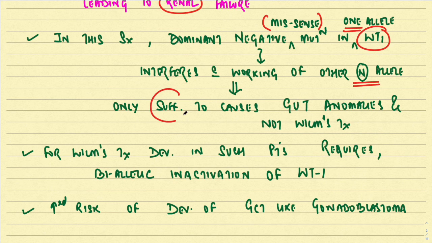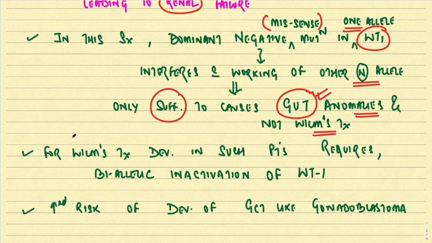So only one single mutation is sufficient to cause genitourinary anomalies. Whatever anomalies we have seen are very common with this kind of mutation, but Wilms tumor doesn't happen with just a missense mutation in WT1.